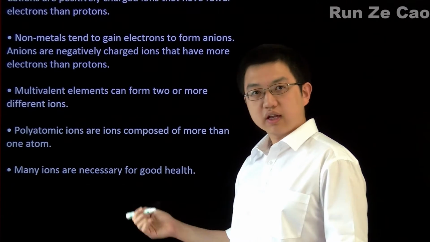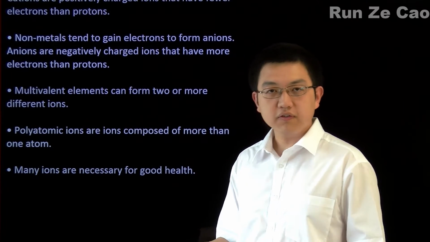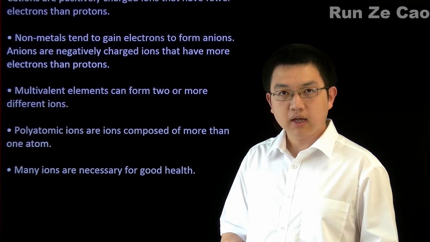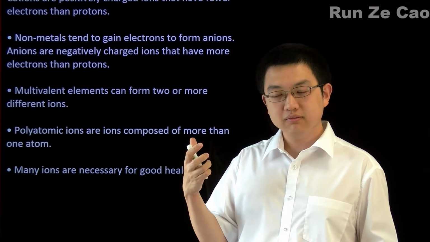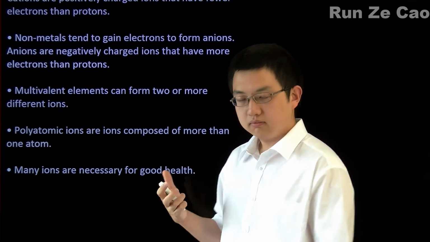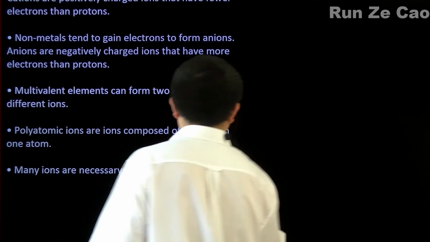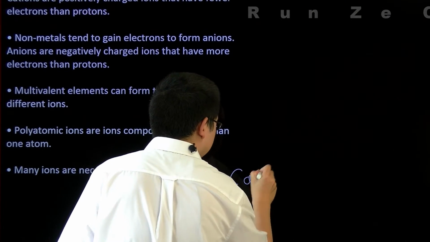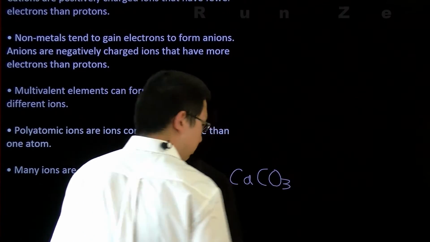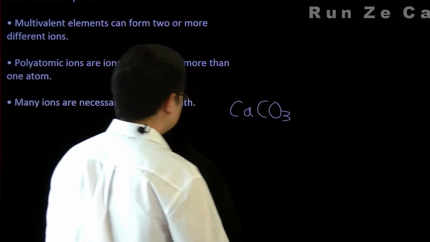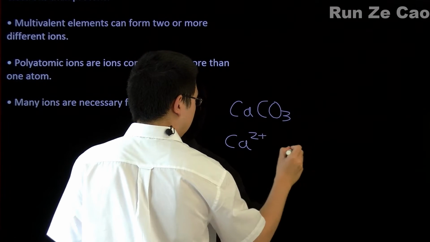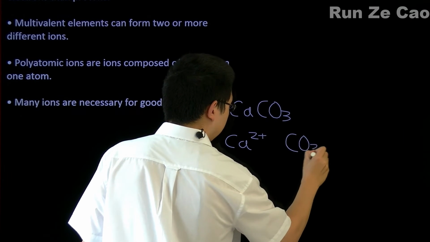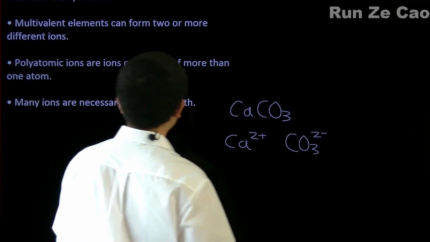Now, many ions are of course necessary for good health. If you've ever seen calcium carbonate on a calcium pill bottle, that's CaCO3. Now, what is this in terms of ions? This is Ca2+ and CO3 2-.